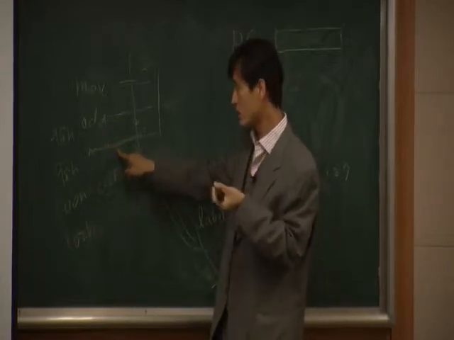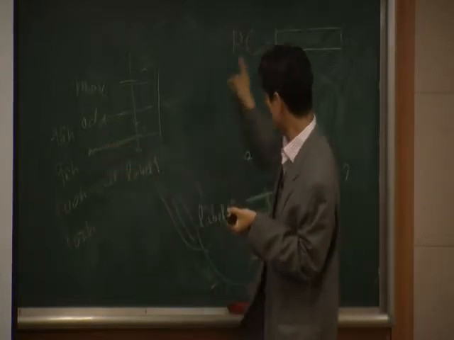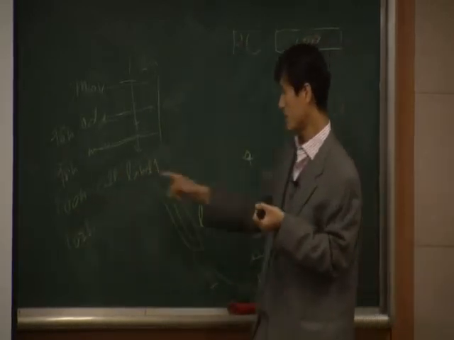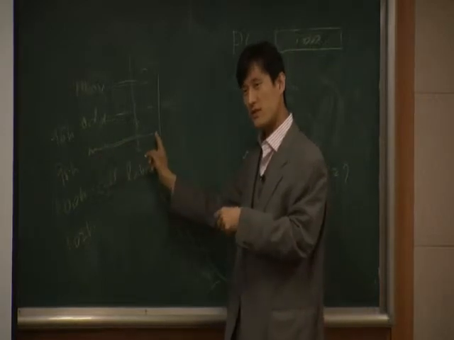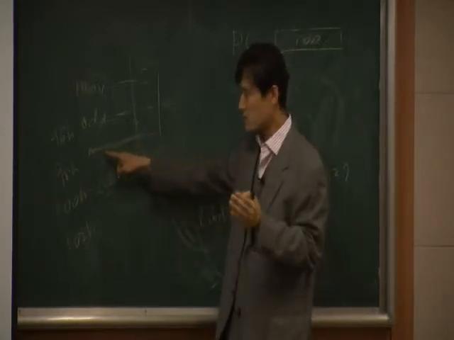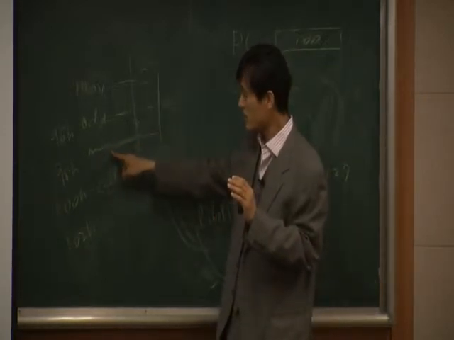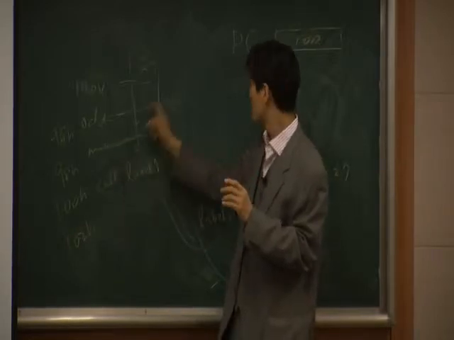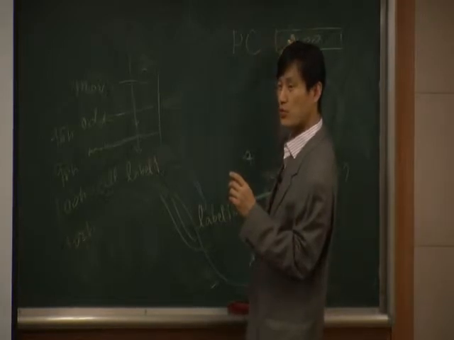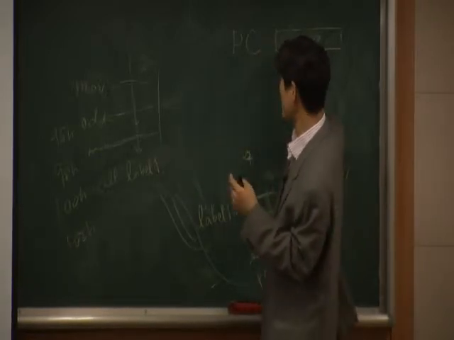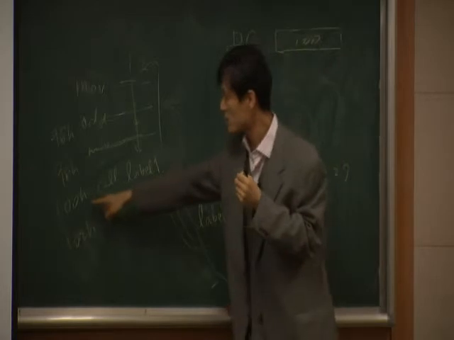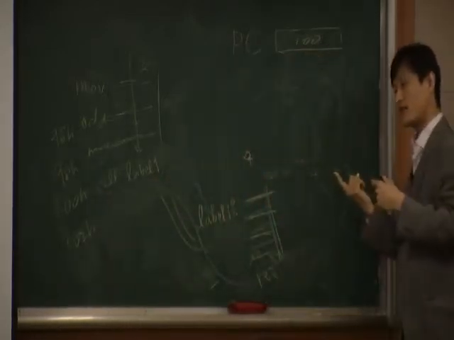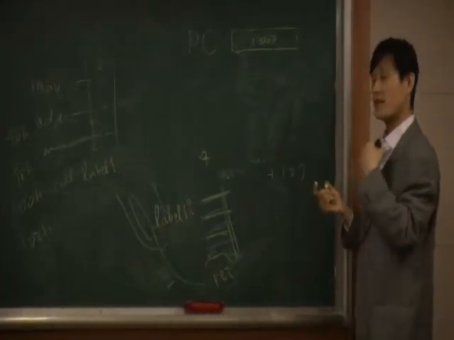When I try to execute this instruction, my program counter will have this value, 100. And I execute this, no problem. And since this is a move instruction, my next instruction is this one. So how do I know which one is my next instruction? I just look at this one and read this value. This one tells me the address of my next instruction. So simply I read it: oh, 100, that's the address of my next instruction.